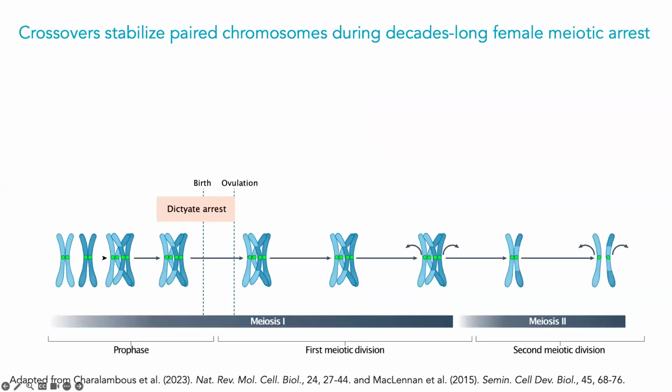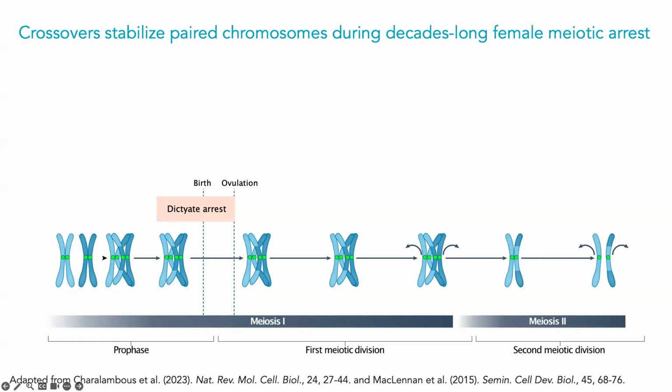So work in both humans and model organisms has established that one major risk factor for aneuploidy involves defects in this process of meiotic crossover recombination, especially in the female germline. And that's because female meiosis, unlike male meiosis, actually starts in fetal development when the homologous chromosomes pair and establish crossovers.